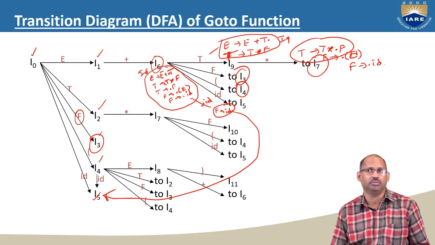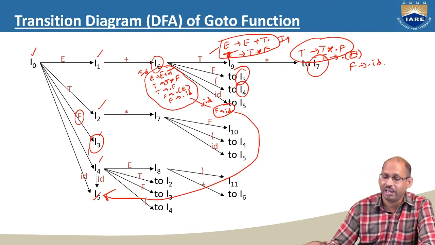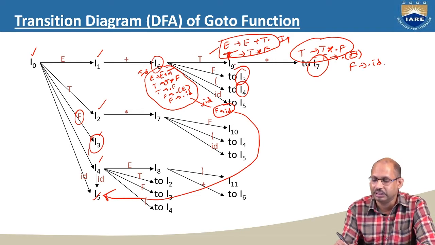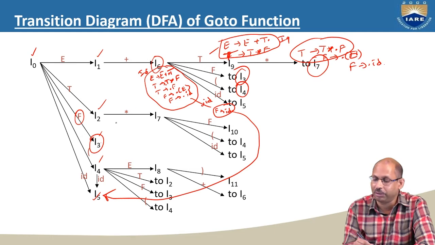I7. So I1, I6, I9, I9 going to I7. So I3, I4, I5 are over. Then I2 on multiplication will be the same. So what is I7? This is I7.